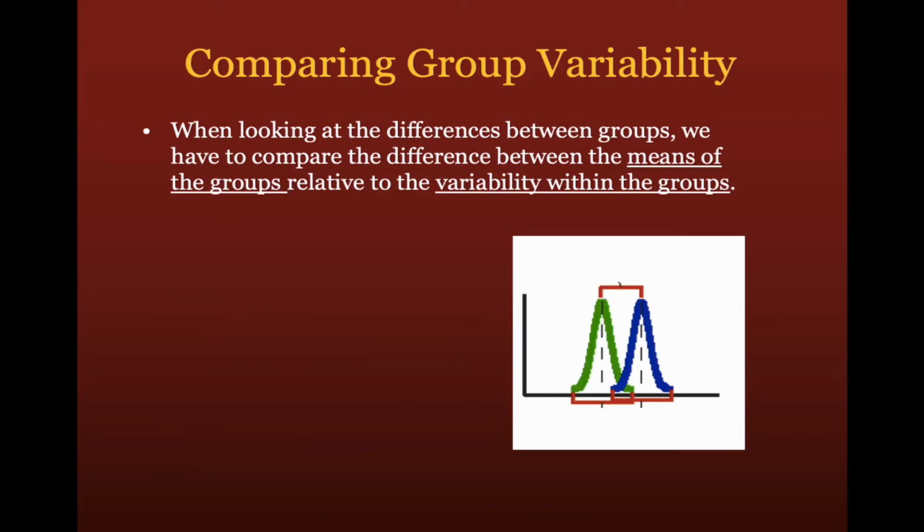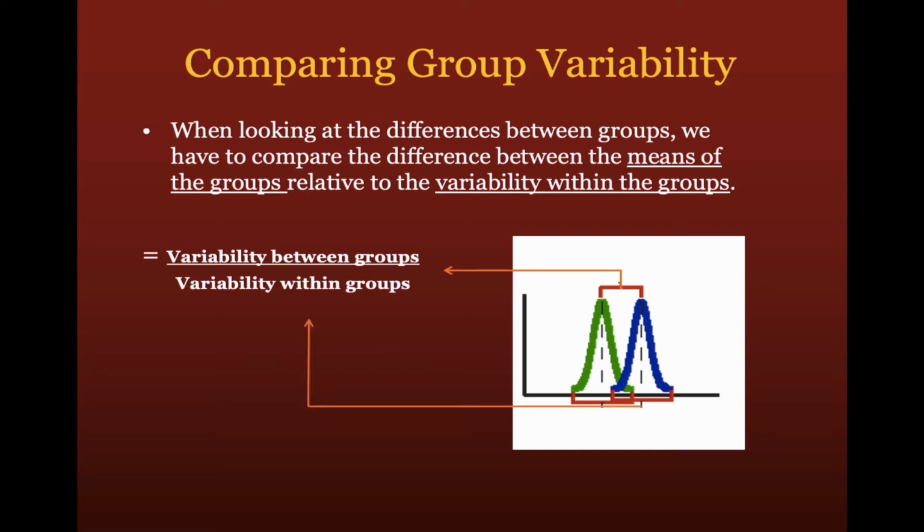All right, so again, we're trying to compare the variability of the groups. And we have two different types of variability that we're trying to deal with: the variability between the two means of the groups and the variability around those two means. The variability between the groups, if you look at it here, is the green. This is the mean for the green group, and this is the mean for the blue group. It's just the difference between those two means.